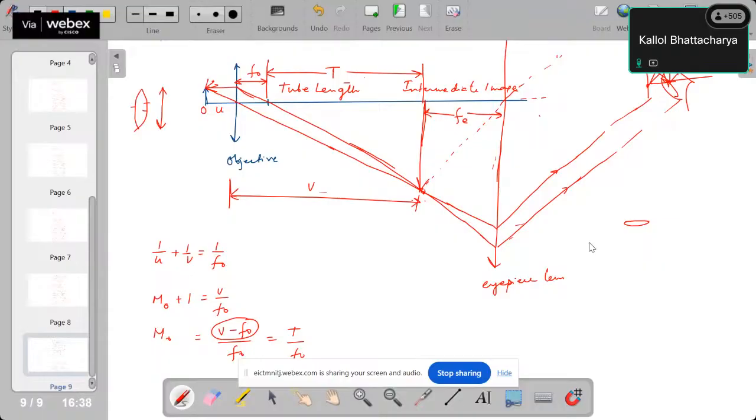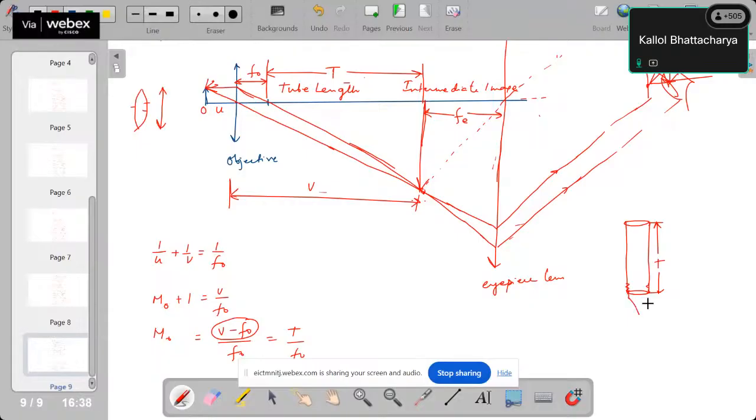But actually, a simple microscope is just a tube like this with a length of t, where the objective is screwed here.